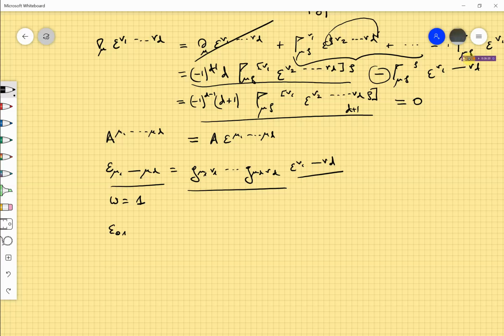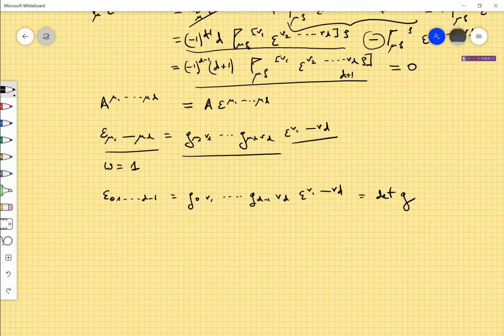So let me compute this one. And you see that this is g_{0 ν1}... g_{d-1 νd} epsilon^{ν1...νd}, and automatically this is the definition of the determinant of the metric. Okay, so this is the value.